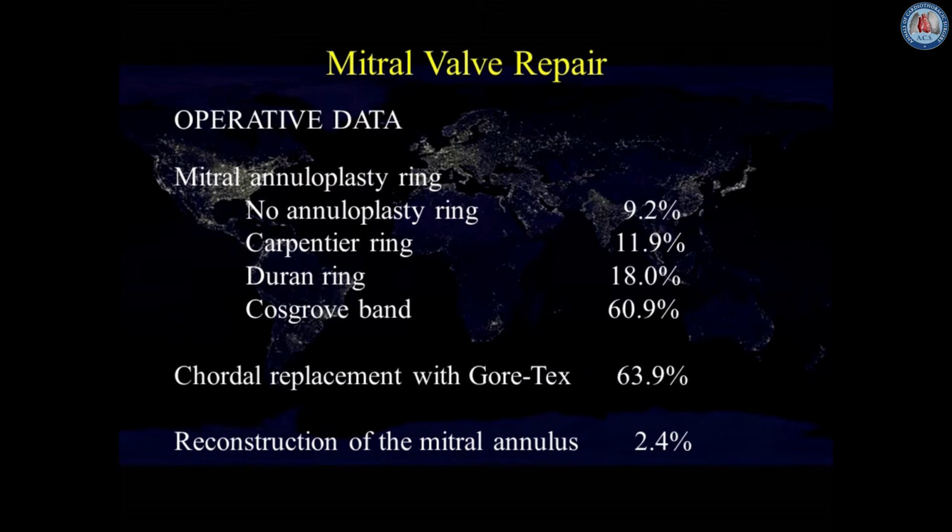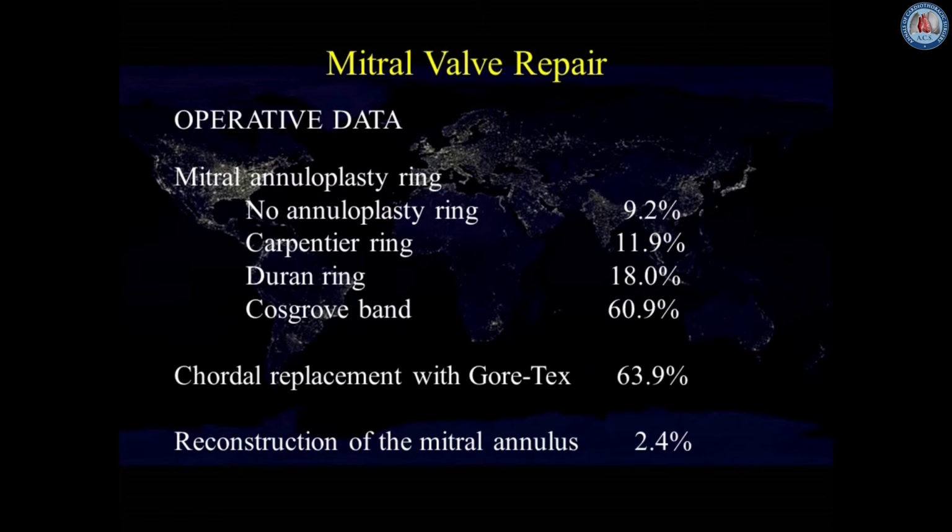This slide shows the operative data. Early on in our experience, we did not use annuloplasty ring in patients with the small leaflets because we were concerned about stenosis. And indeed, 9.2% of our patients had no annuloplasty ring or band.